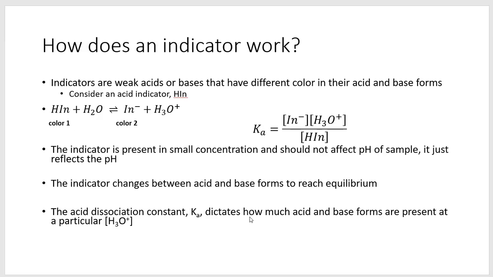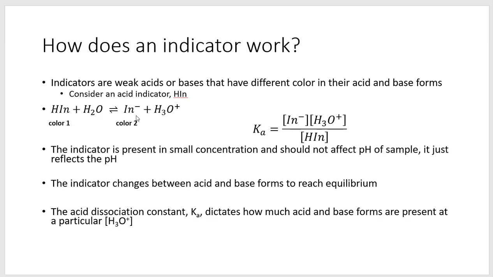So the IN there just means indicator, not like indium or something. If we have the indicator, it reacts with water and forms its conjugate base. And this could just as easily work for a colored base that gains an H plus and forms a conjugate acid. But we're thinking about an acid indicator.